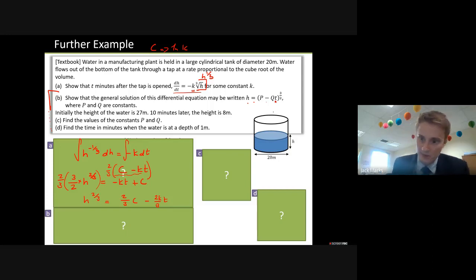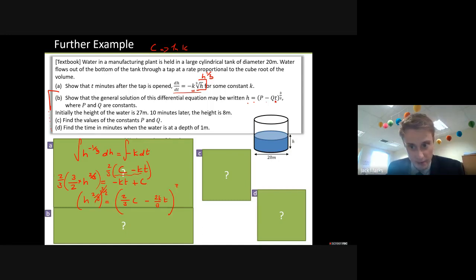And can you see I'm almost there? Because p and q are supposed to just be numbers. Well, c is just some number and k is just some number as well. So that works. To the power of 2/3, the best way to undo that is to do to the power of 3/2, because then this will all cancel out.